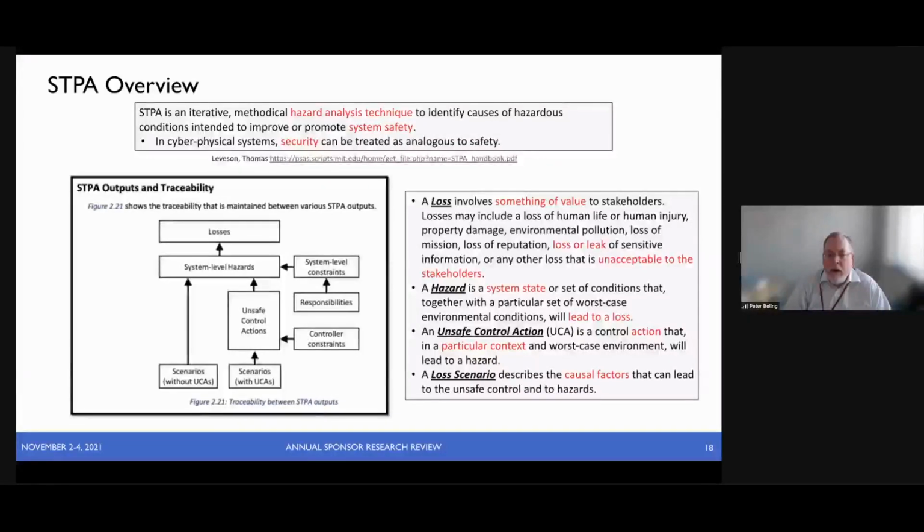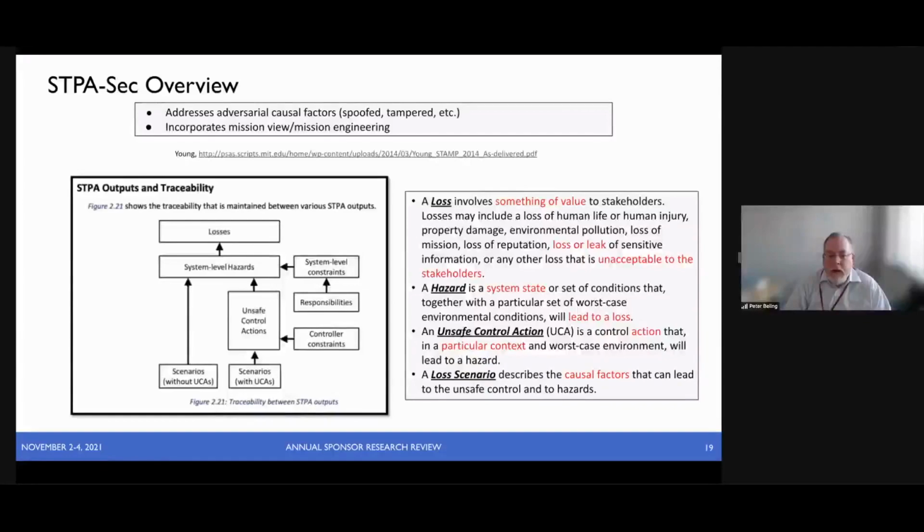Next slide, please. It turns out that this idea from the safety community of STPA has been brought into the security community by Colonel Bill Young, who developed STPA-Sec. In a nutshell, the two largest differences of STPA-Sec from STPA are that it brings in adversarial causal factors.